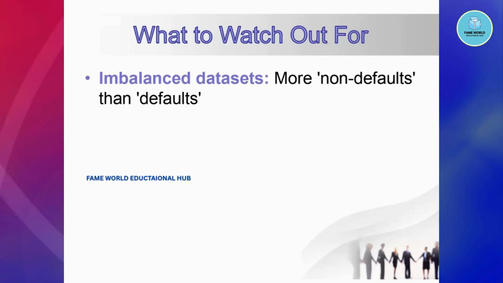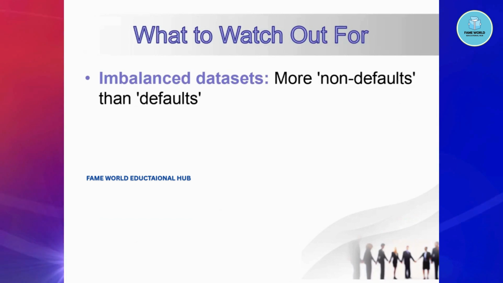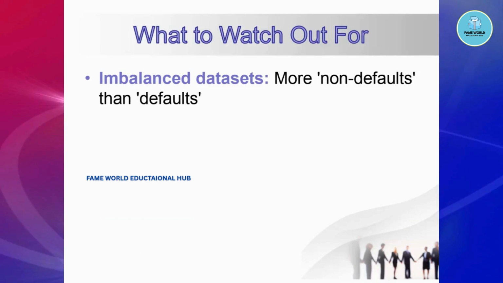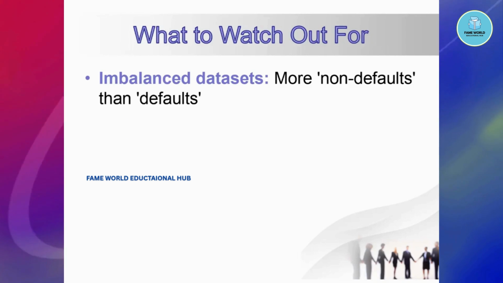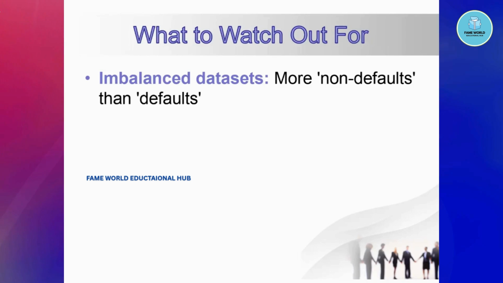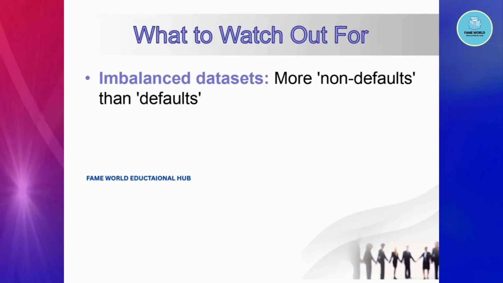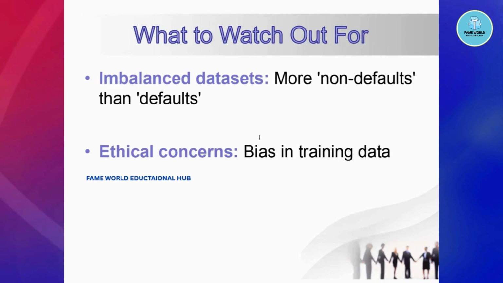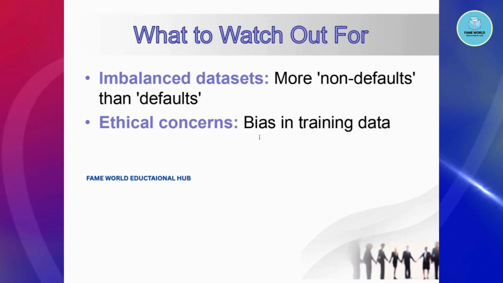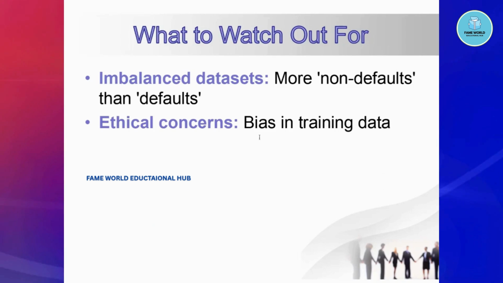Of course, no project is perfect. Here are some key challenges to consider. First is class imbalance. Most applicants do not default, which means the data set is heavily skewed. This can cause the model to lean towards predicting no default every time. Second is ethical concerns. If the training data is biased, say favoring certain income groups or locations, the model will learn and replicate that bias.